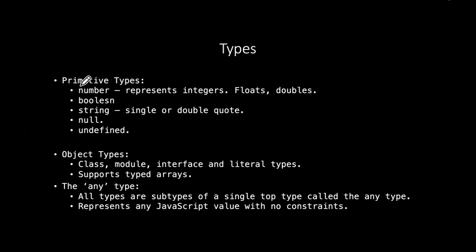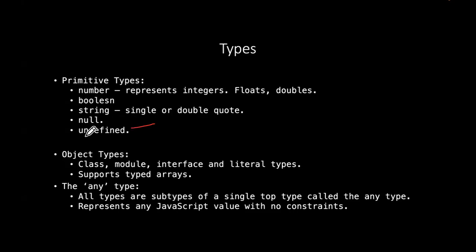So anyway, there's a number type, a Boolean type, a string type. They're all primitive types built into the language. TypeScript also has the null type, and it has the undefined type, and it's the undefined type that's taken directly from JavaScript.